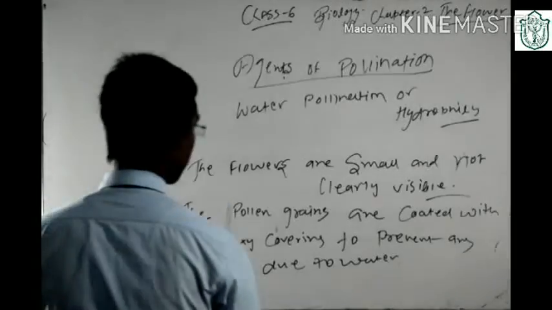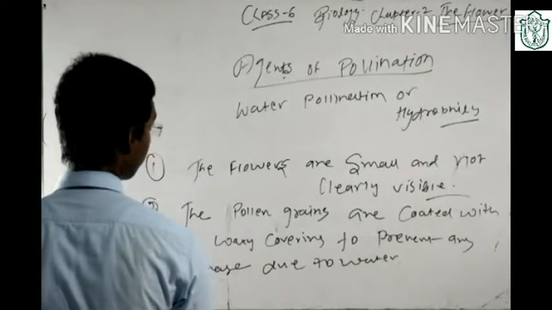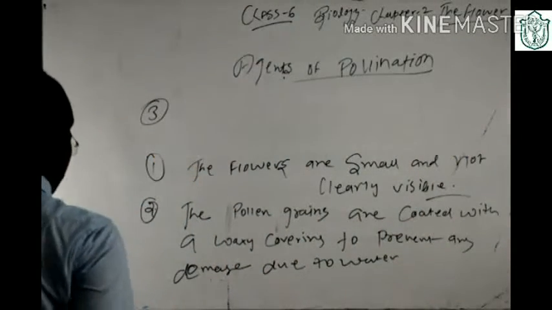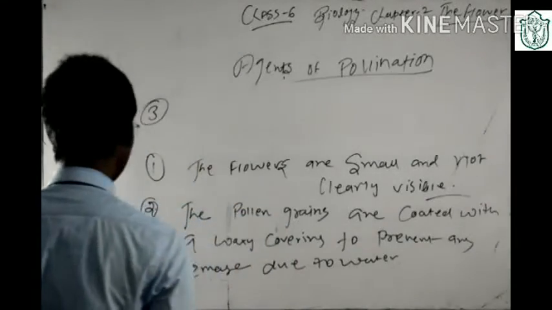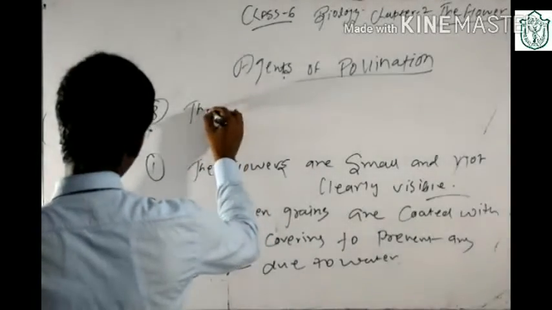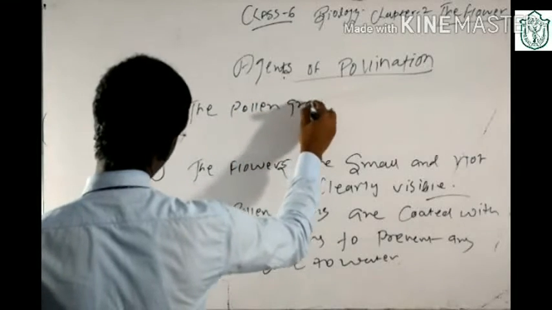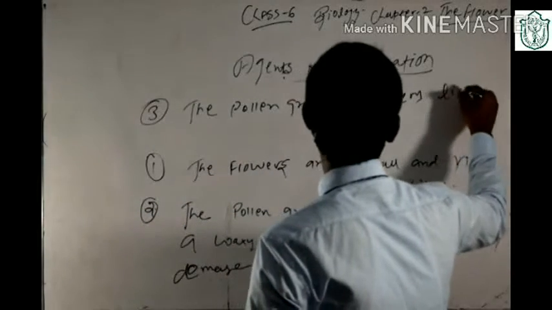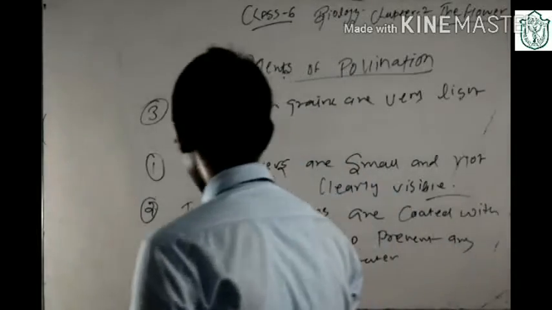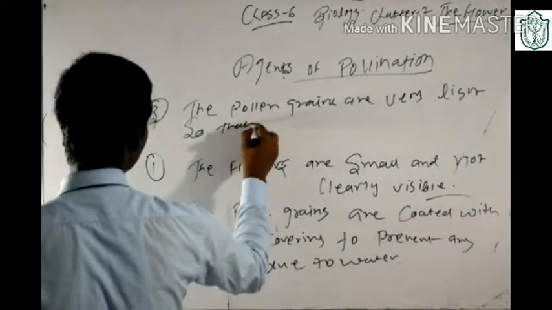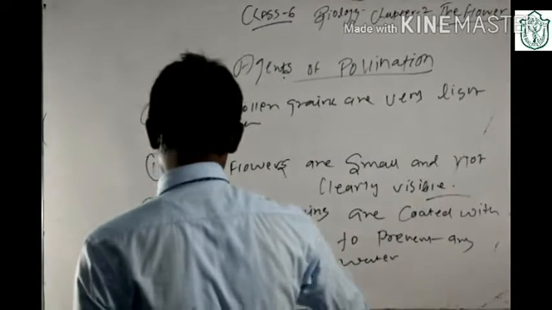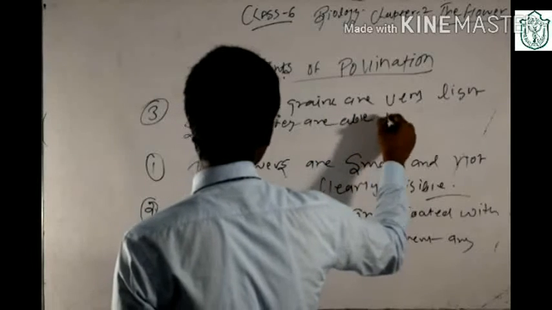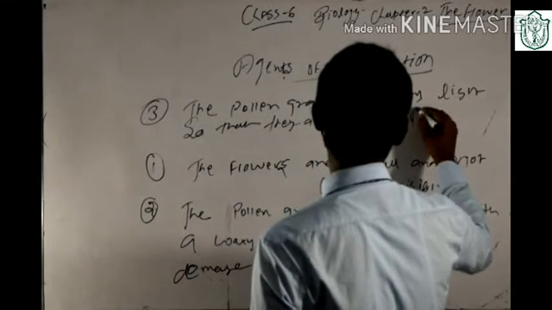Number third, that's what I'm going to write here. Number third feature of a plant: the pollen grains are very light, so that they are able to float in water.